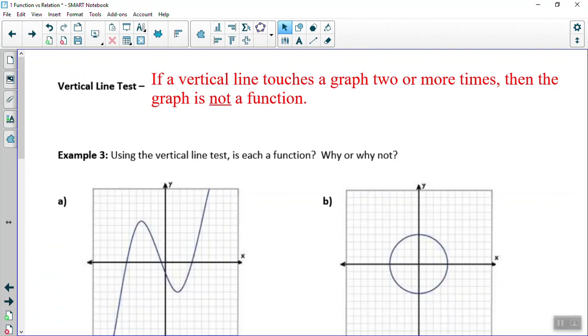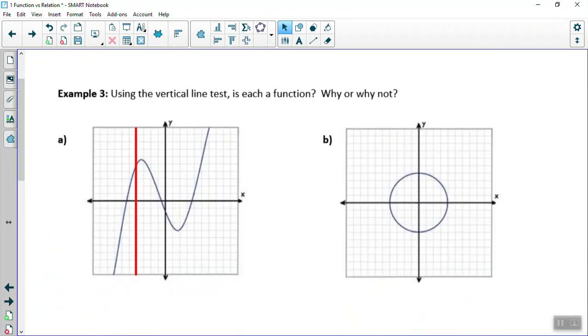All right, so I drew in a vertical line here somewhere. There it is. I'm going to take this vertical line that I've drawn in, and follow the path of this just to see how many times my vertical line touches it. At any given point, my vertical line only ever touches that graphed line once. There's not a single point where my vertical line ever touches that graph line 2 or more times.